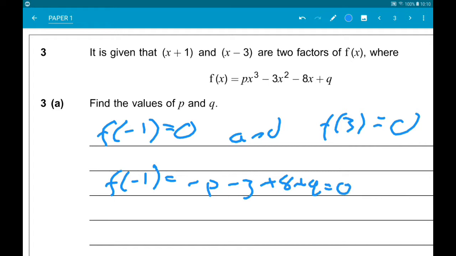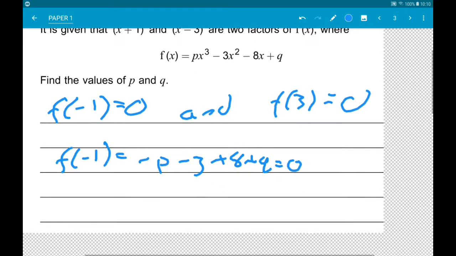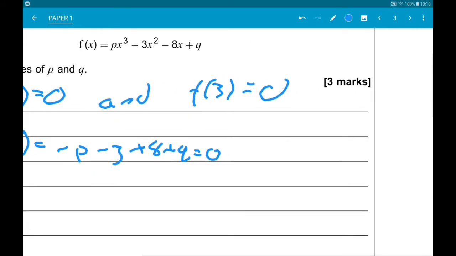So minus 3 add 8 is 5. So from that we can get minus p add q is equal to minus 5.